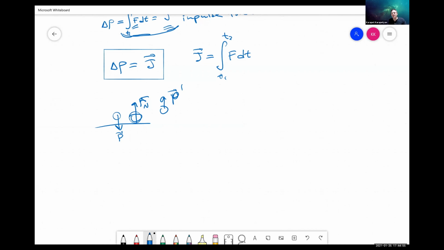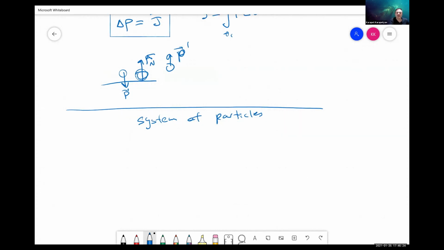Now, one thing we can do here is have a system of particles. I'm going to refer to this object as a particle, because its size is not important for us. So we have a system of particles, could be 2, 3, 4, you name it. But I'm going to look at a system of 2 particles. My system has 2 objects moving toward each other. This is M1, this is M2, this is V1, this is V2.